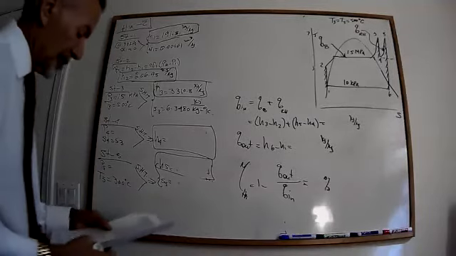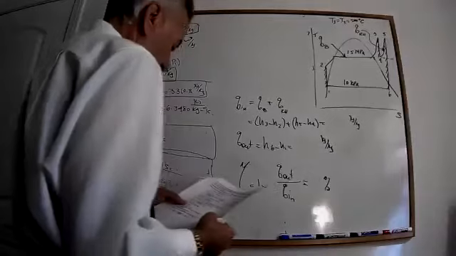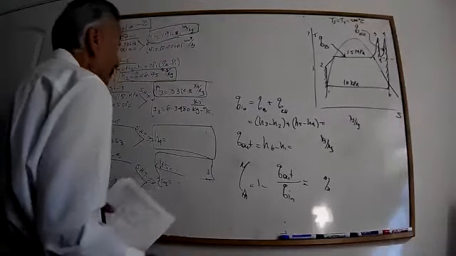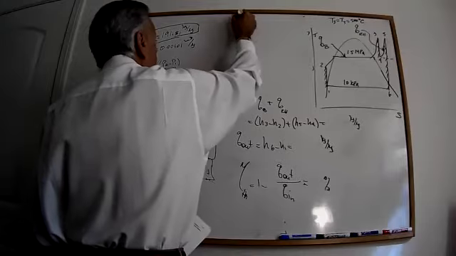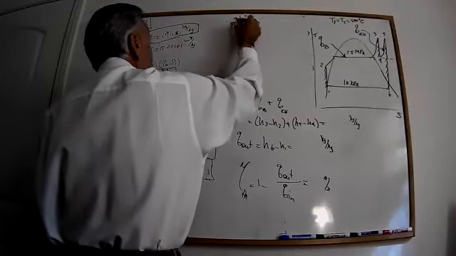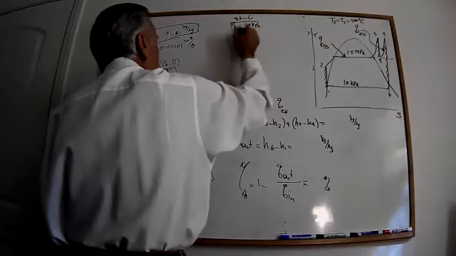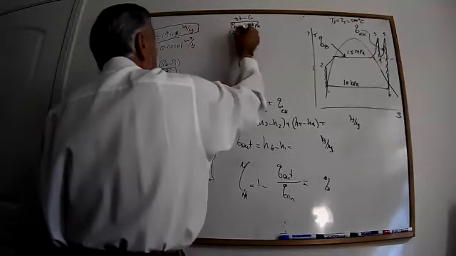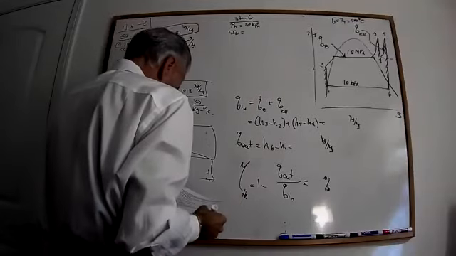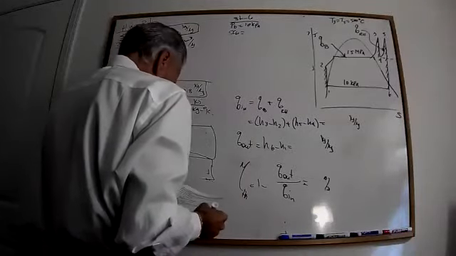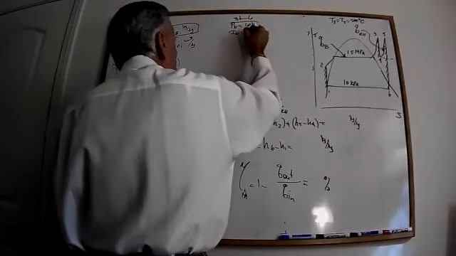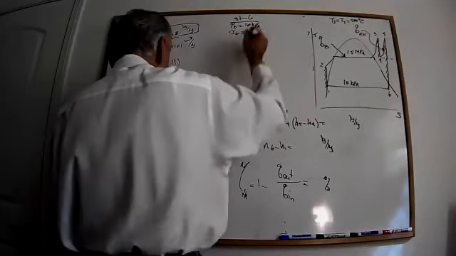So I go to state 6. And at state 6, I have P6 equal to 10 kilopascal, and X6 is given to be 0.95.